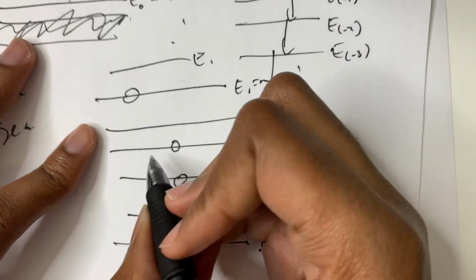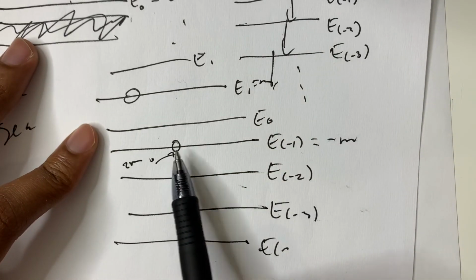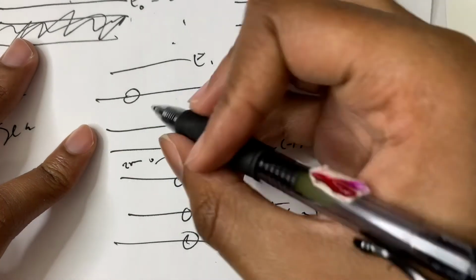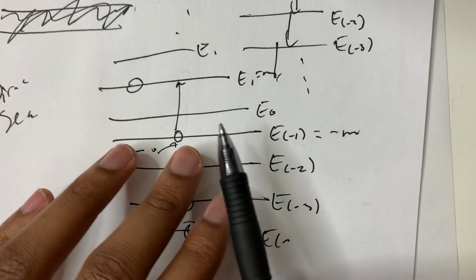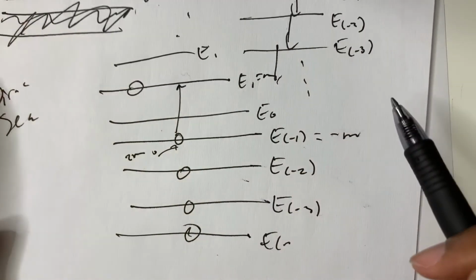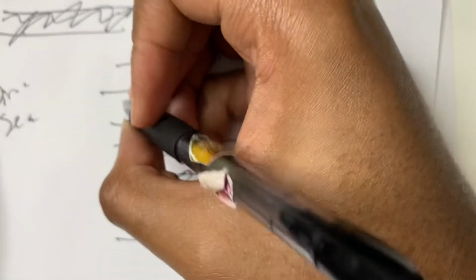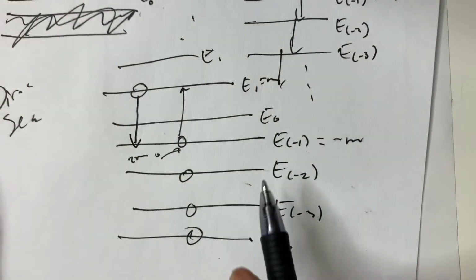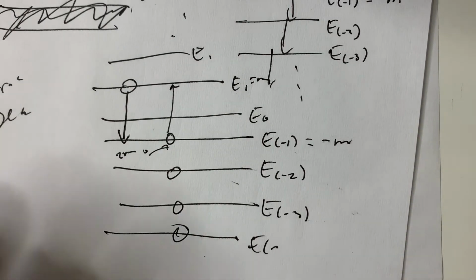A photon with energy 2m hits the electron, and the electron just moves up to the E1 state. Now there's a hole in the E-1 state. No electrons here, right? So this guy that's already here has to get kicked out, has to go down to the E-1 state. Simple, right? Makes sense so far.